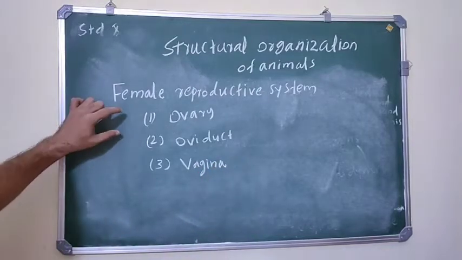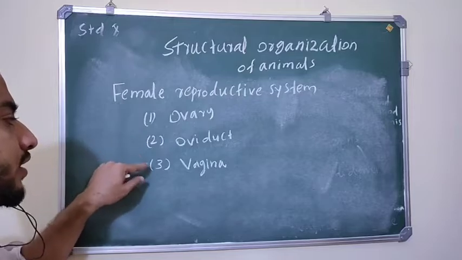Okay, so the female reproductive system consists of three parts: ovary, oviduct, and vagina.